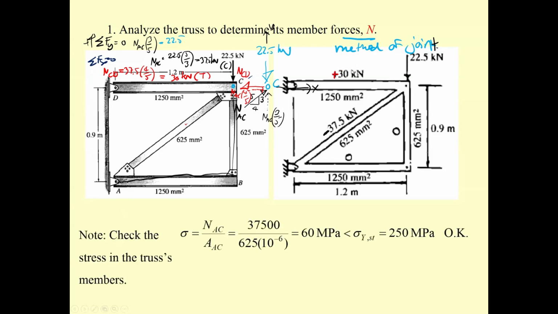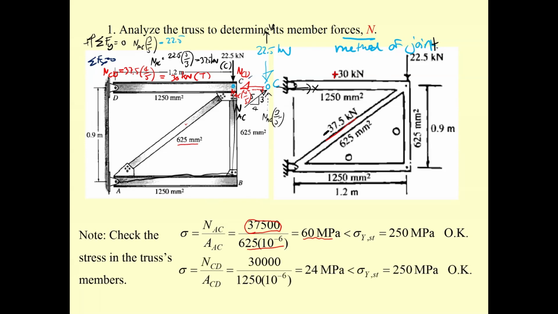Now you have the result, and you can check. For member AC, you can divide the force by the area. You get a stress of 60 megapascal. That's less than the yield stress, so it's linear elastic. The same for CD on the top: you divide 30 kilonewton by the area. The stress is going to be smaller, and that's linear elastic.